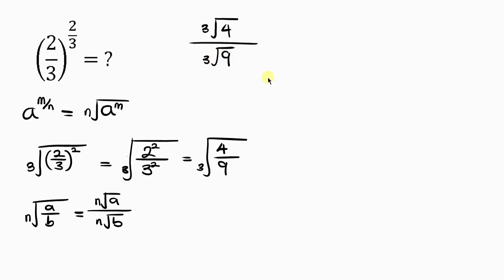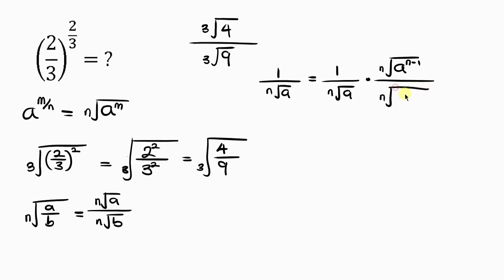Our next step will be for us to rationalize. Well, the property of rationalization that we're going to be applying is, for example, when I have 1 all over the nth root of a, this can be rationalized by multiplying the numerator and the denominator by the nth root of a to the n minus 1, the same thing on the denominator, the nth root of a to the n minus 1.